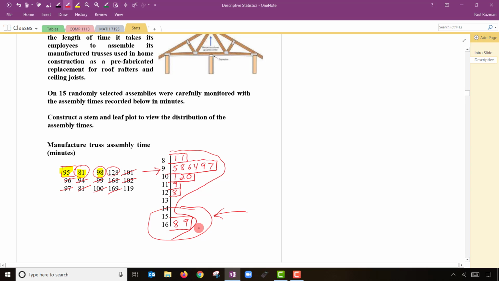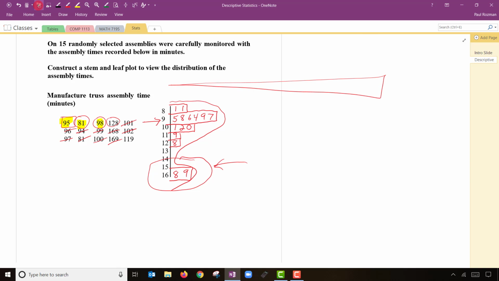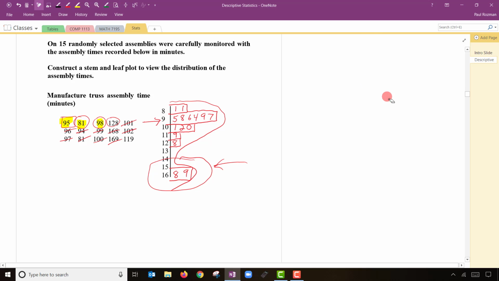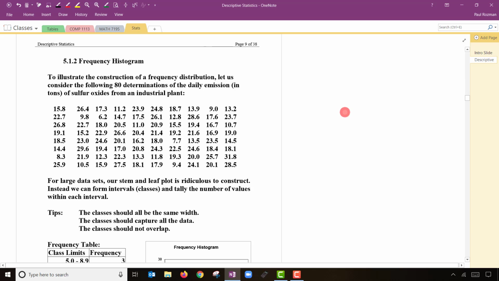So for such a crude graph, it does actually tell us a lot. What happens though if you had 500 values? Then these bars would get so long that this wouldn't be very useful anymore. So we'd have to come up with something else.